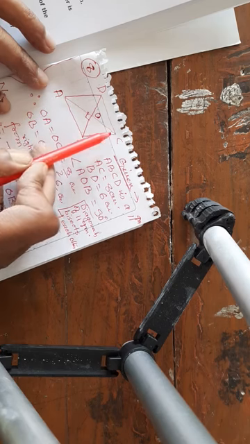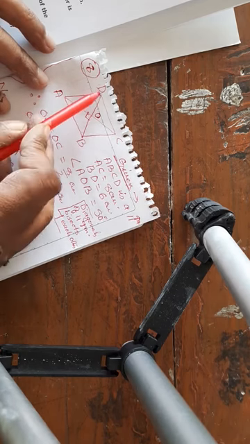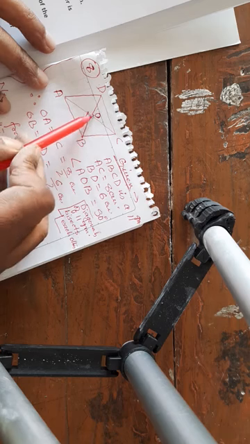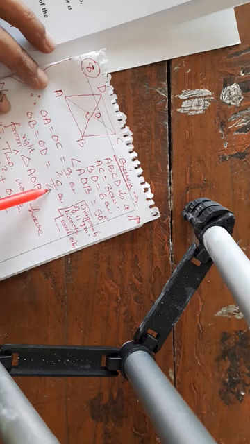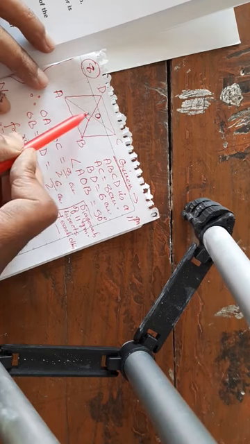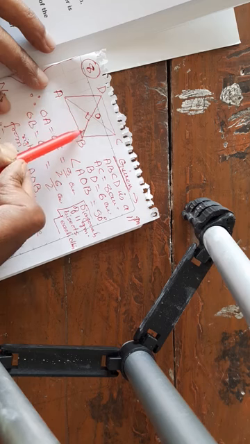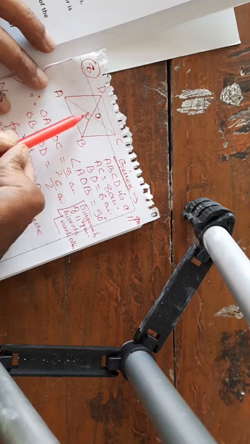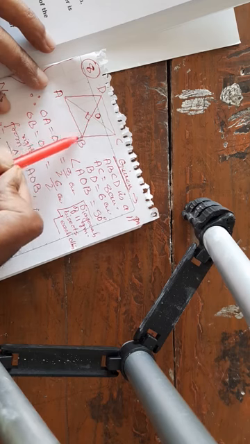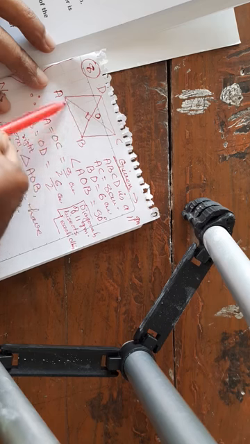AC is equal to 8, so OA is equal to 8 by 2. BD is equal to 6, so OB is equal to 6 by 2. So OA is equal to 4 centimeter, OB is equal to 3 centimeter. Angle AOB is 90 degree, it becomes a right triangle.